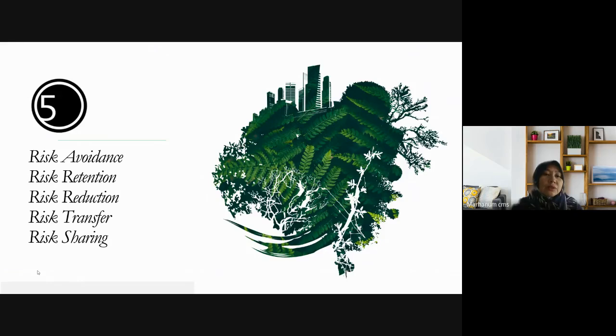So that risk of accident is transferred to the Foodpanda rider or Grab food rider. And then risk sharing, you share the risk. You can accept the risk, and then you share it with your family members. You drive together with your family to go out.